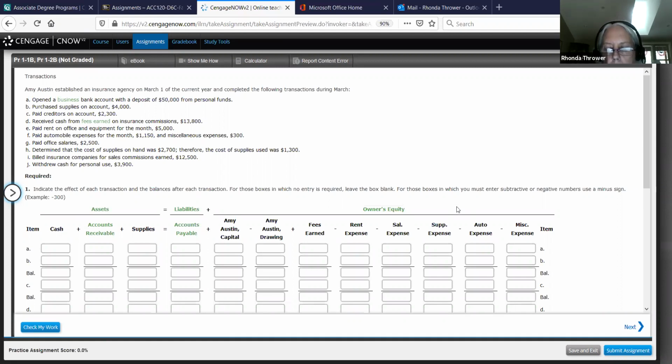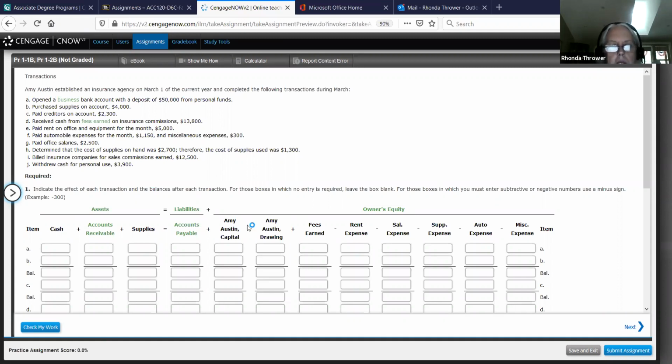And so revenue will also add to owner's equity. Your expenses will end up decreasing the owner's equity because they decrease the worth of the owner. And your withdrawals, or your drawing account, as it sometimes is referred to, is where the owner takes money out of the business to use for their personal purposes.